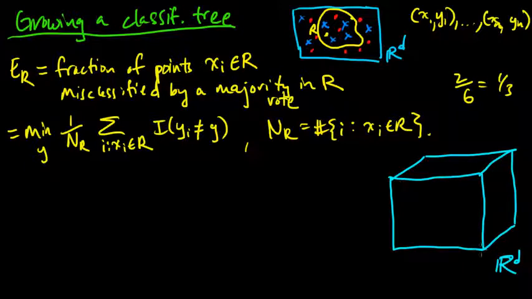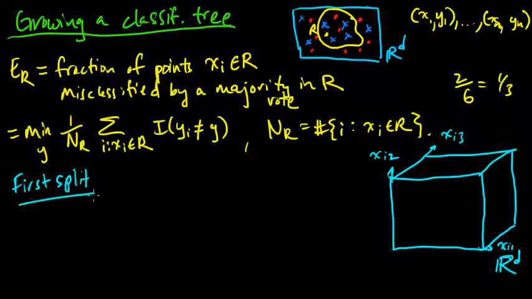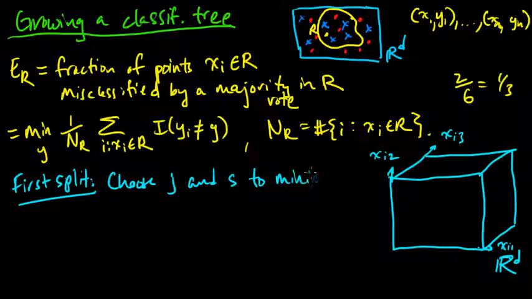It's got more than 3 dimensions in general, but we'll just think about 3, since we can only draw 3. And what we will do is, for the first split, since we're growing this binary tree, choose a dimension j and a split s to minimize.